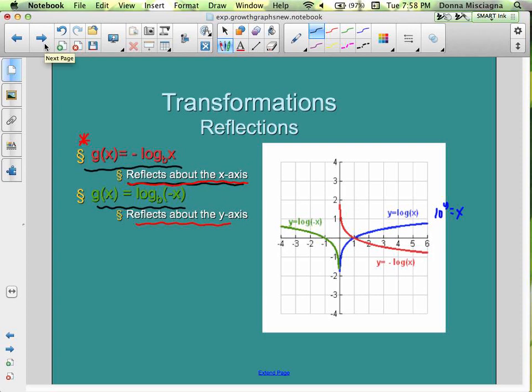If the negative is inside, it's going to reflect about the y-axis. You can only take the log of a positive number, because when you raise a base to a power, you get nothing but positive numbers. So you can only take a log of a positive number.